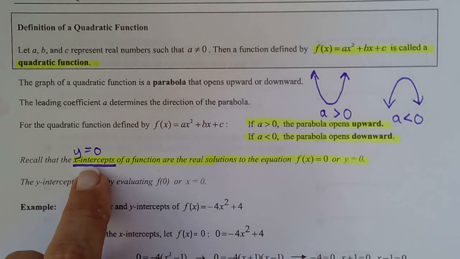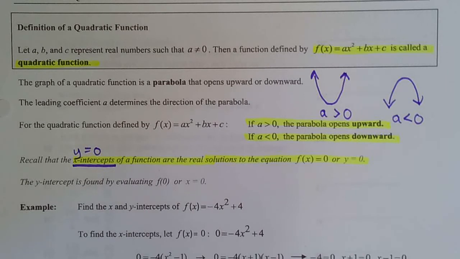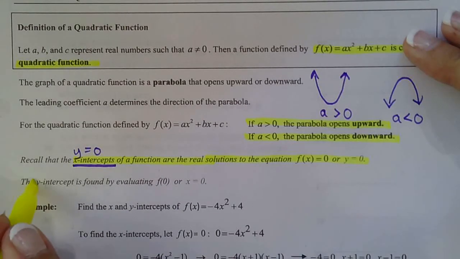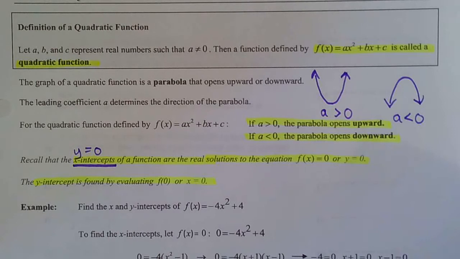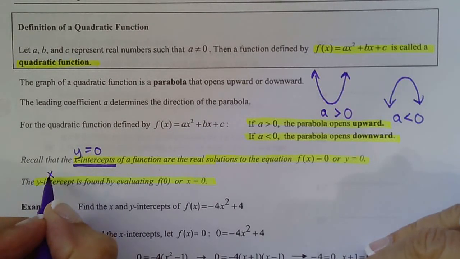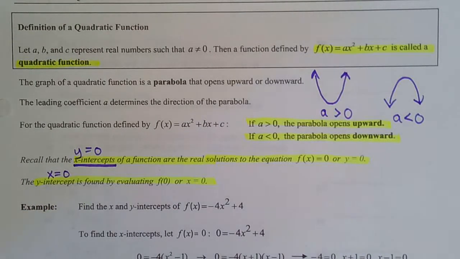That's just a fact. To find the y-intercept, we make x 0. And we're going to have to find both many, many times in this class. So you always set the other variable equal to 0 when you're finding the intercepts.